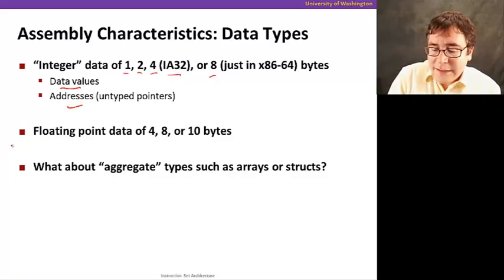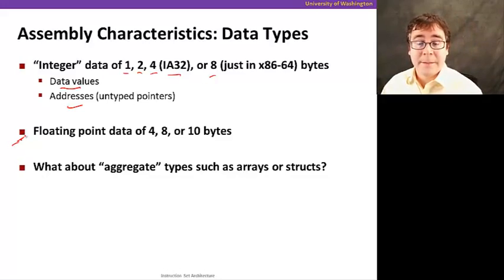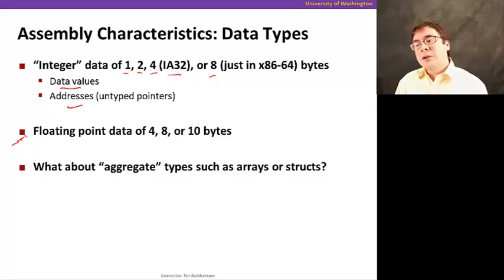The other data type: most ISAs today support floating point operations. Floating point data is held in special registers in the processor, so implicitly there is a floating point data type that a programmer writing assembly code has to be aware of.